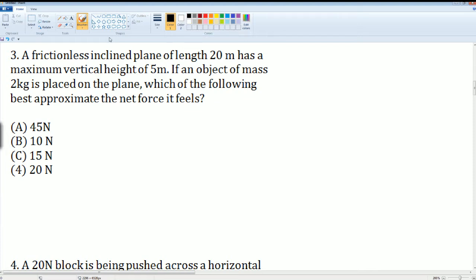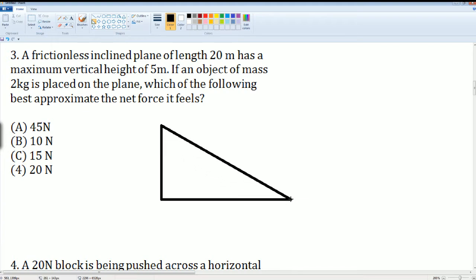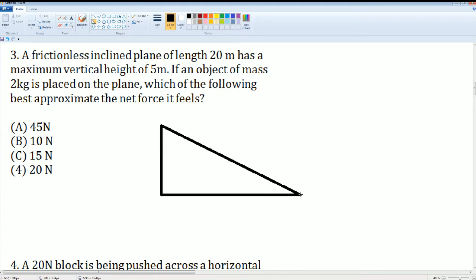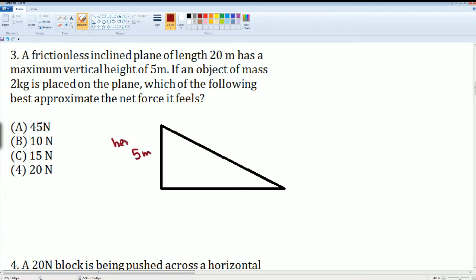So let me just draw my inclined plane. Let's see, 20. The height is 5. Okay. All right. So we have here a vertical height of 5 meters. This is the height. And then you have a block which is placed at the maximum vertical height.